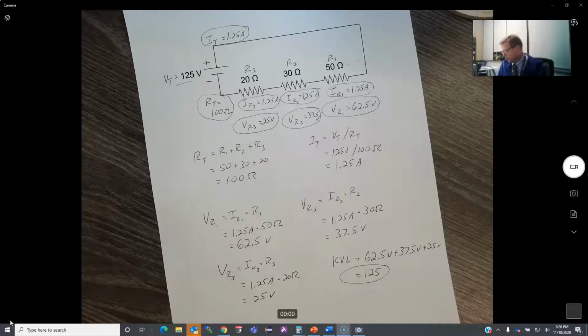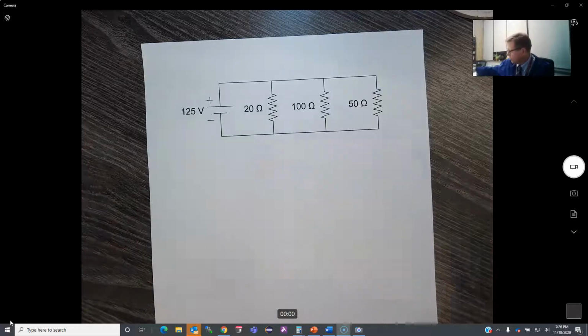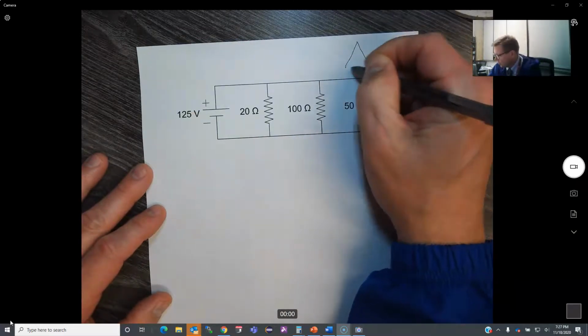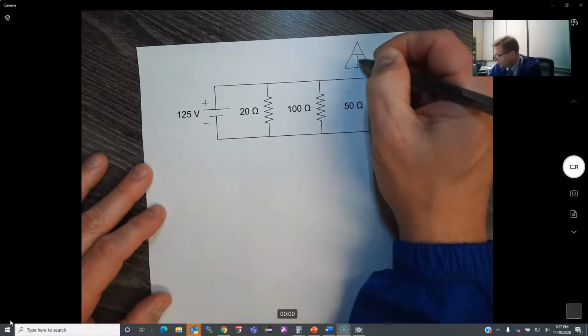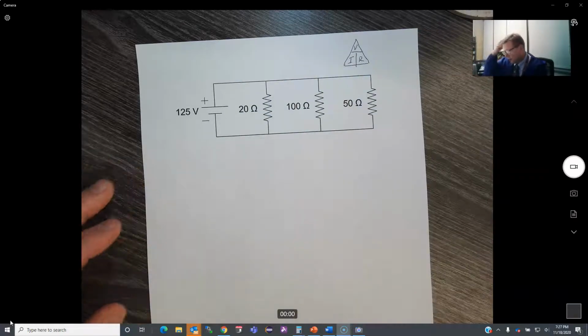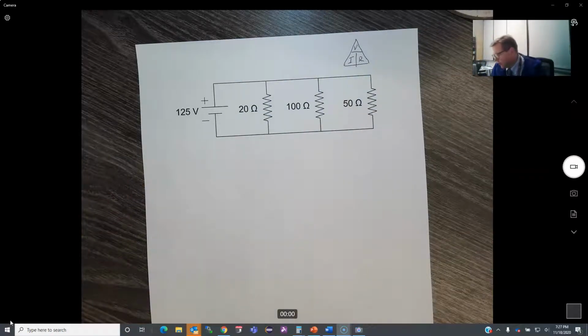That's a series circuit. So now what I want to do is move on to a parallel circuit. So let's take a look at our parallel circuit. Again, same deal. I'm going to put the Ohm's law triangle up here. So V, I, and R. Okay. We need to know some stuff about parallel circuits.